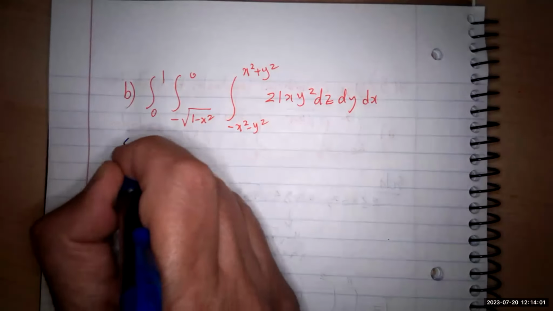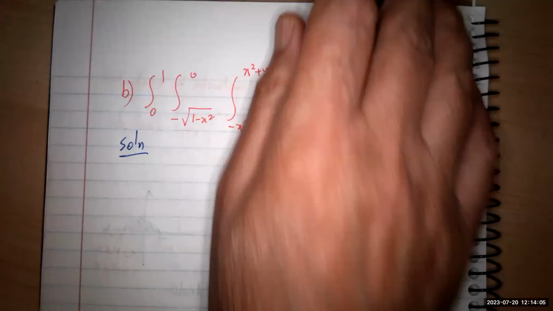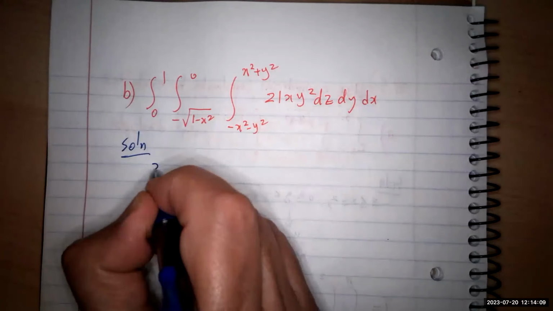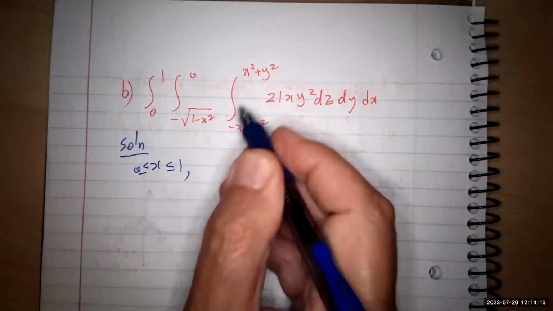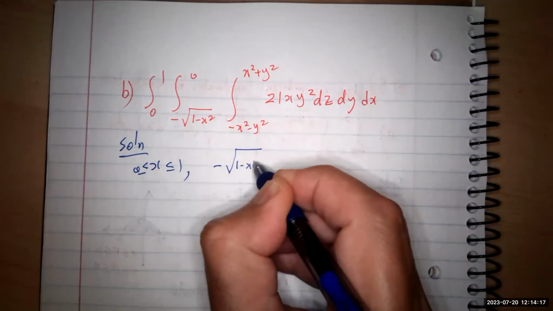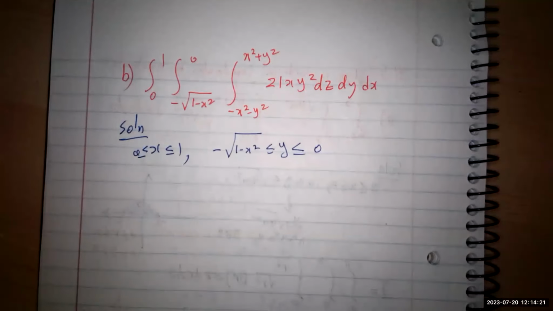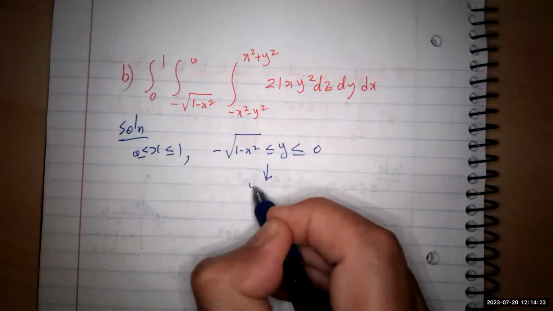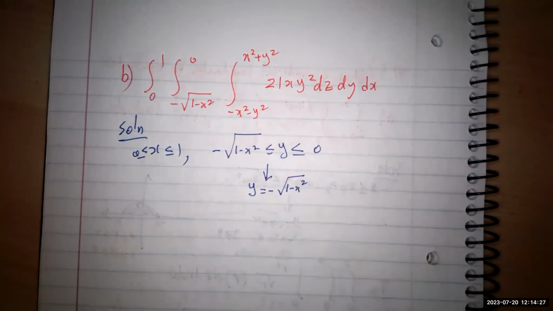So there you are, checking this xy polar form. From here, we have x between 0 and 1. From the second part, you have that y is the negative square root of 1 minus x squared.